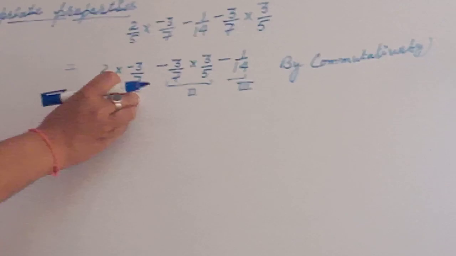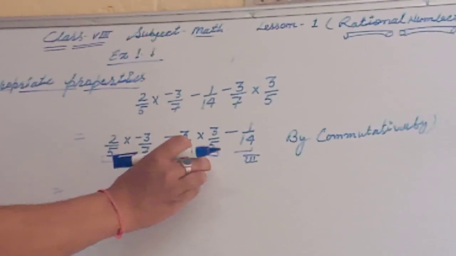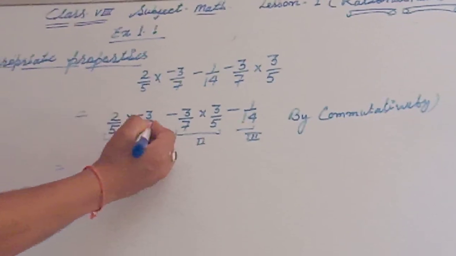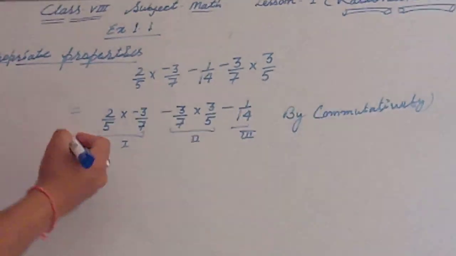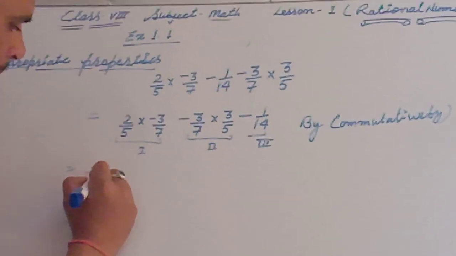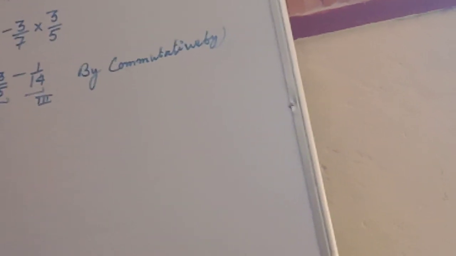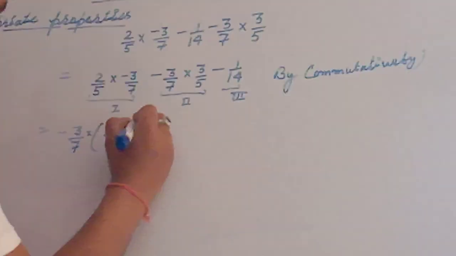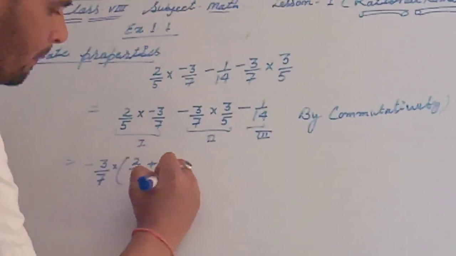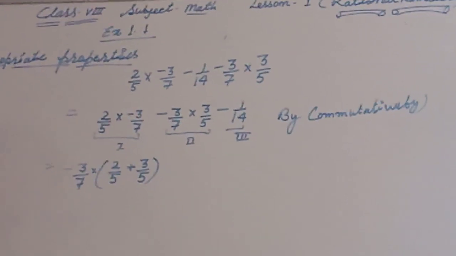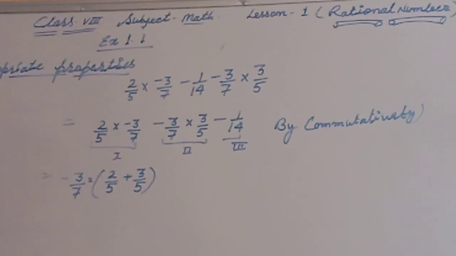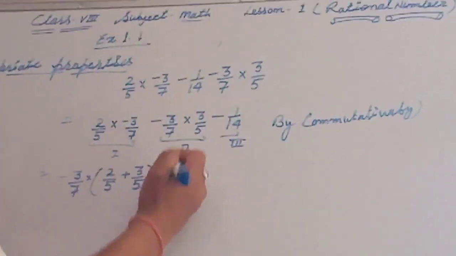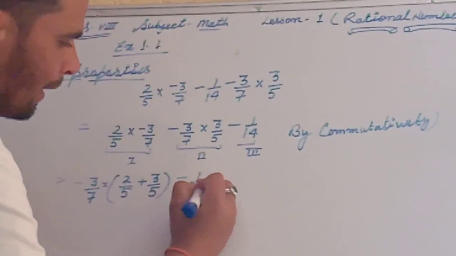Using the commutative property, in this term and this term, one factor is common, minus 3 upon 7. So take minus 3 upon 7 common. Then the remaining is 2 upon 5 plus 3 upon 5, and here 1 upon 14.